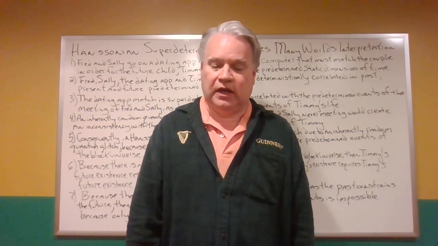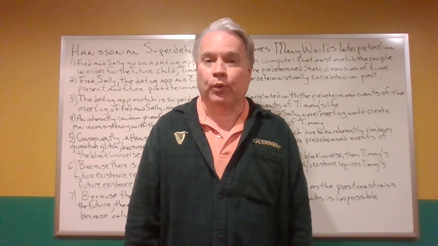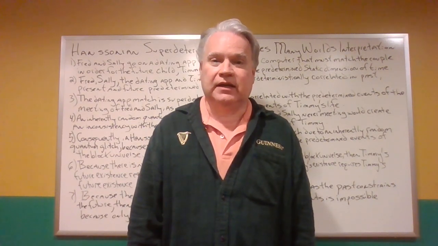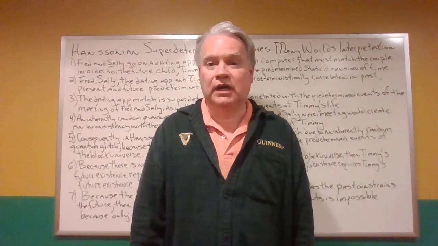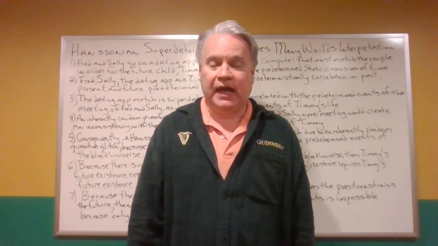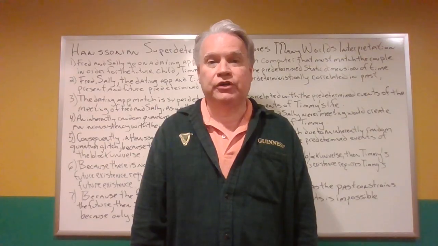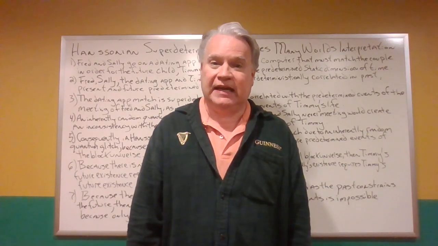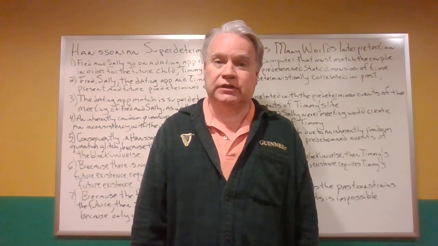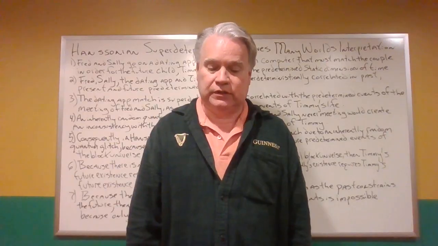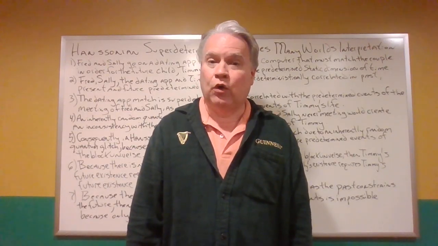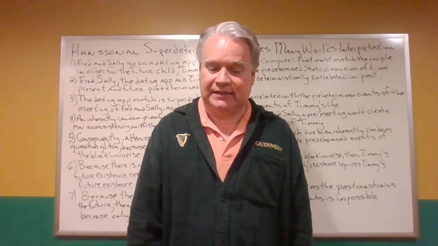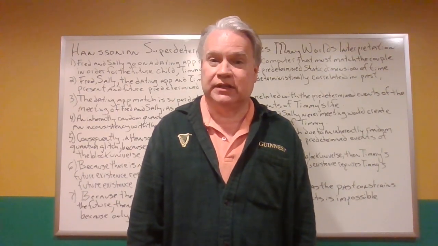Consequently, Hanssonian superdeterminism cannot allow branching due to an inherently random quantum event, like a quantum computer glitch, because that would contradict the past, present, and future predetermined events of the block universe. Because there is no historical dependency among events in an adynamical block universe, such as a Hanssonian superdeterministic universe, Timmy's future existence requires Fred and Sally's existence just as much as Fred and Sally's existence requires Timmy's future existence.